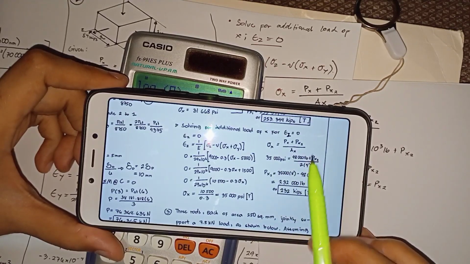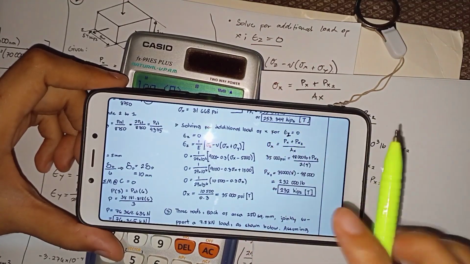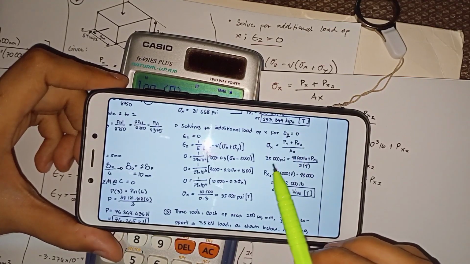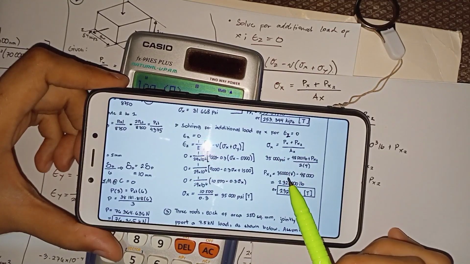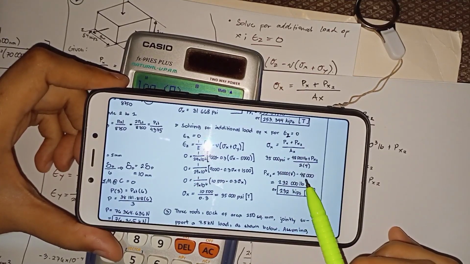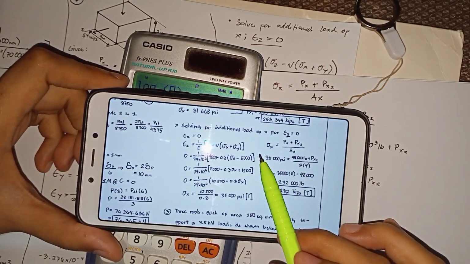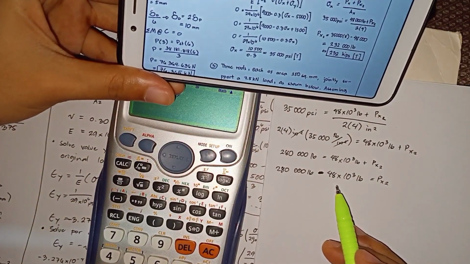Imbis na ito is nasa right, ginawa ko siyang sa left, and itong si 35, pinunta ko siya sa right. Okay. So, kaya ito siya is nandito na. Bale, meron tayong negative 48 dito, kasi ito siya, nilipat ko doon sa kabila. Nilipat ko siya dito, kaya naging negative. Parang same lang naman din sila.